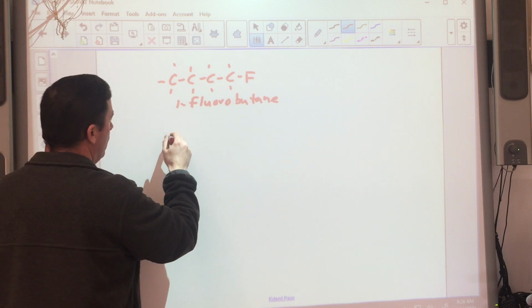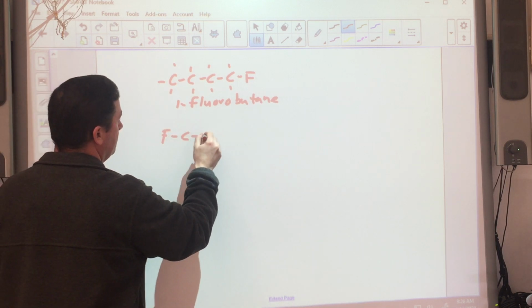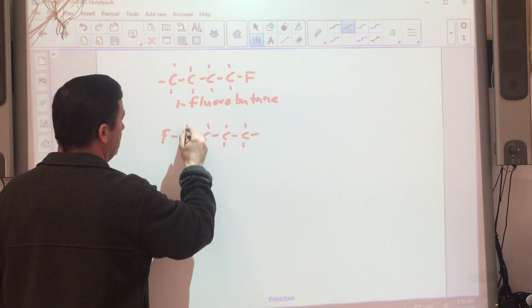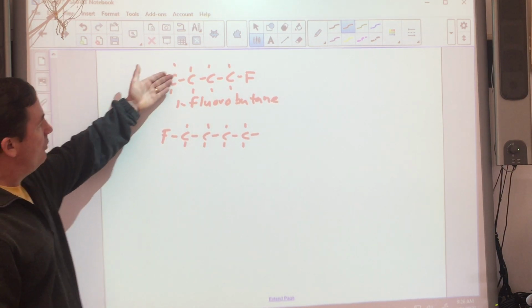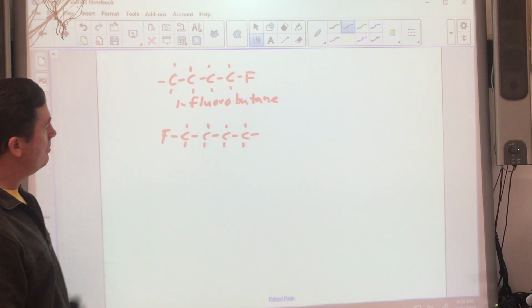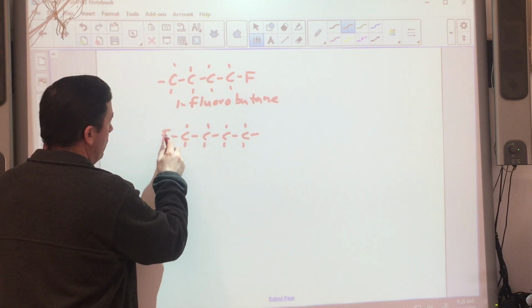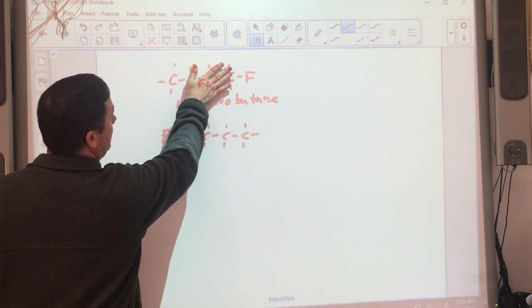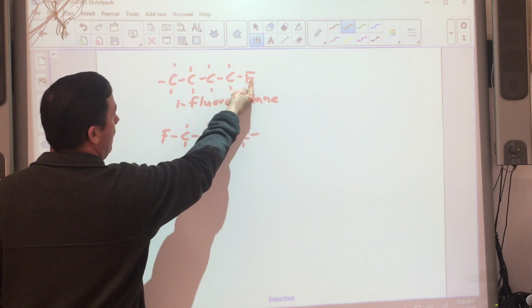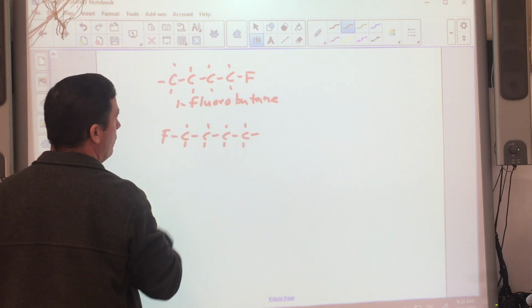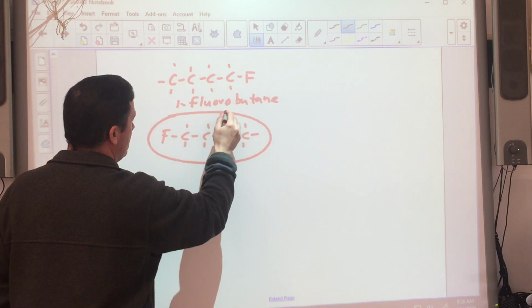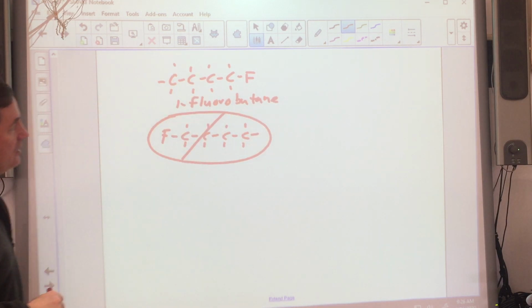Now, what if I have this? Even though I've written them differently, this fluorine is still attached to the number 1 carbon. It's as if I took this molecule and flipped it around, so now the fluorine is over here. So these two things are not isomers of each other.